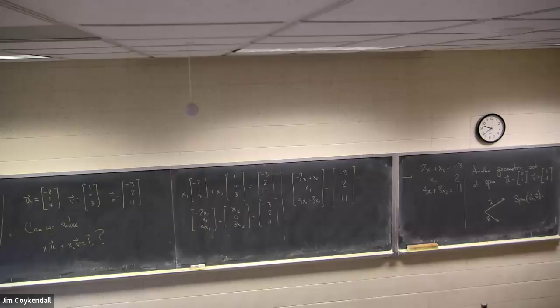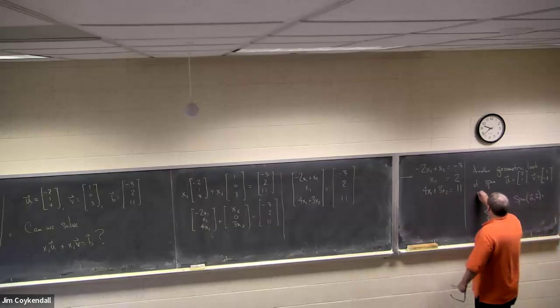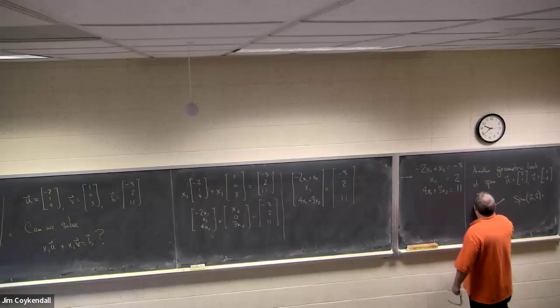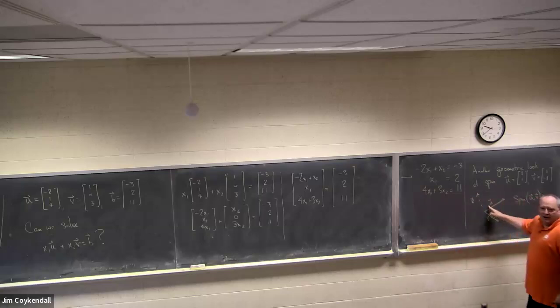You give me any vector in R2, call it Z, and I can find an appropriate thing to multiply U and V by. It'll give me Z. That's probably not clear, is it?